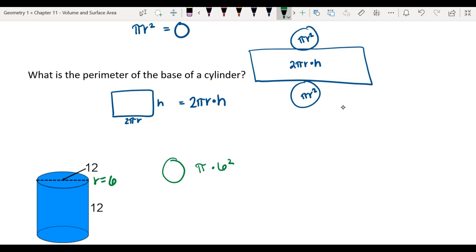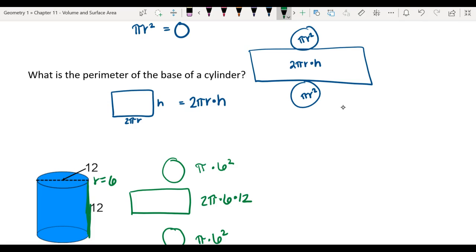And that's also going to be the size of my bottom circle, pi times 6 squared. Then I have this rectangle that's in the middle, which is going to be 2 pi times 6, and then my height of my cylinder is 12.